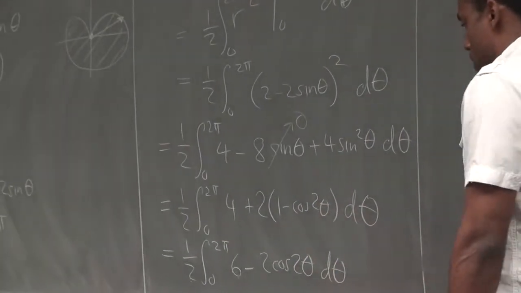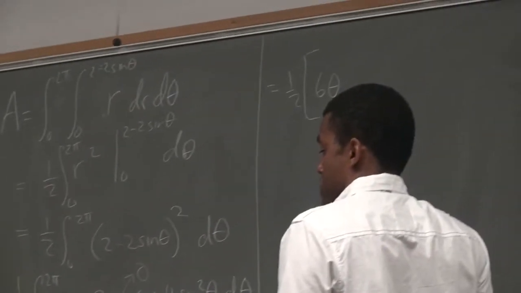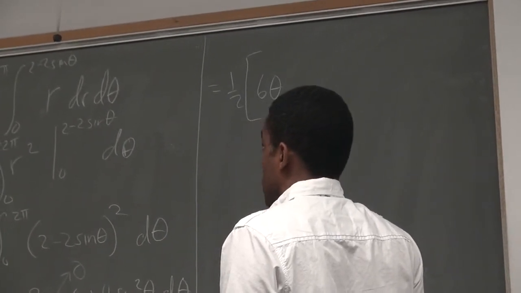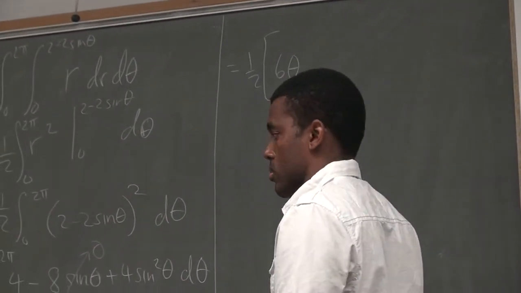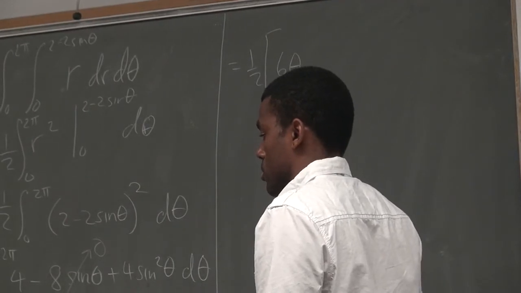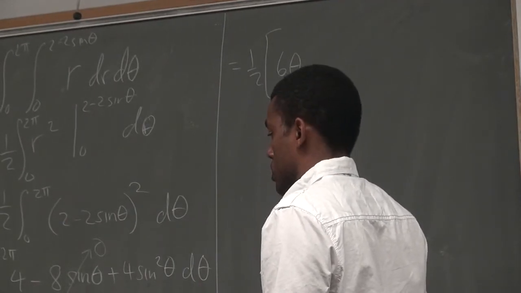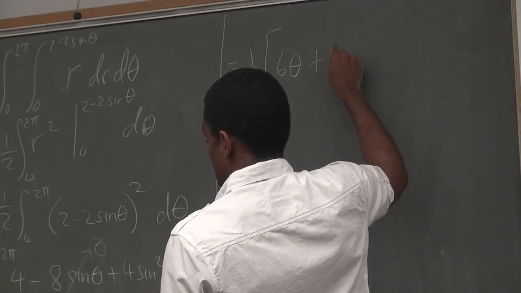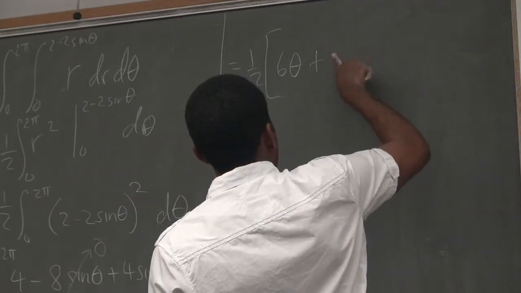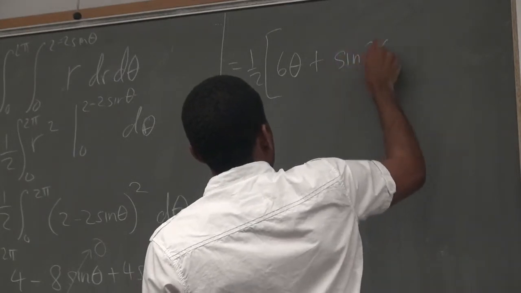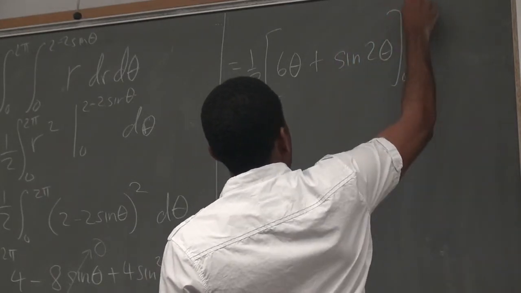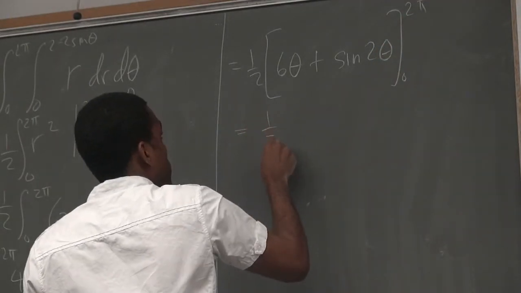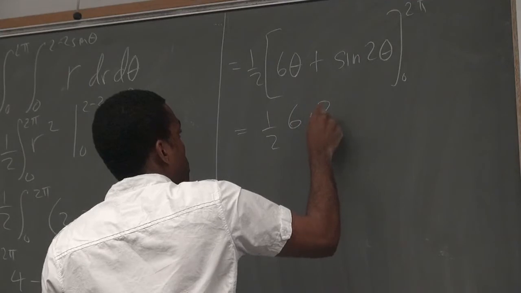What's the integral of this? Negative sine 2 theta, right, times the negative, so you get a plus 2 sine 2 theta from 0 to 2 pi. Either of these will make the sine 0, so you just ignore that. This is 1/2 times 6 times 2 pi.